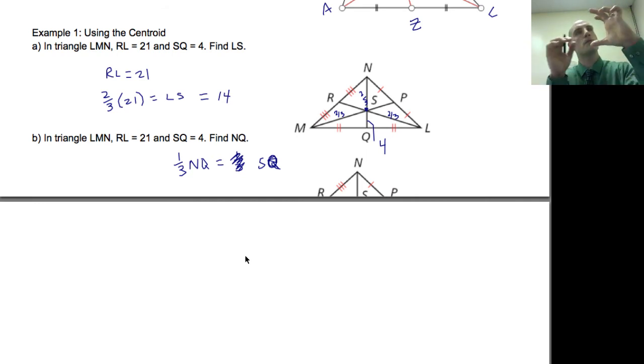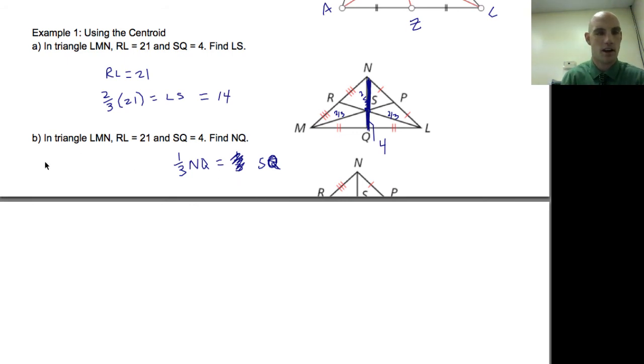The part that goes from the vertex to the centroid is the 2/3 part. So that's going to be the top part here. Remember, it's the 2/3. I've got it labeled still. So 2/3 of the total distance is going to be NS. So SQ is going to be 1/3 of the total distance. So I'm going to say 3 times 4 equals 12. So NQ equals 12. All right?